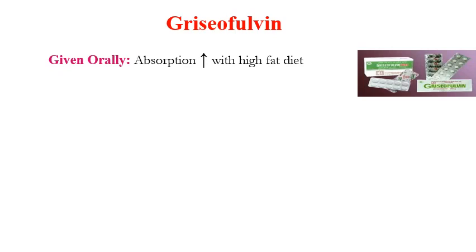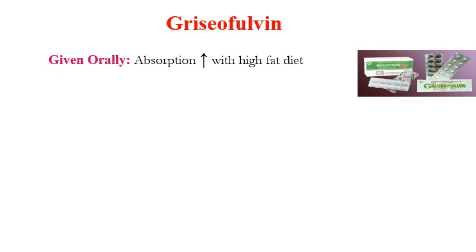So it's commonly given in children with tinea capitis or fungal infection with a cup of full cream milk, or with yogurt, or with ice cream, any diet containing high fat, as the fat diet increases its absorption. Even chocolate, anything containing high fat.